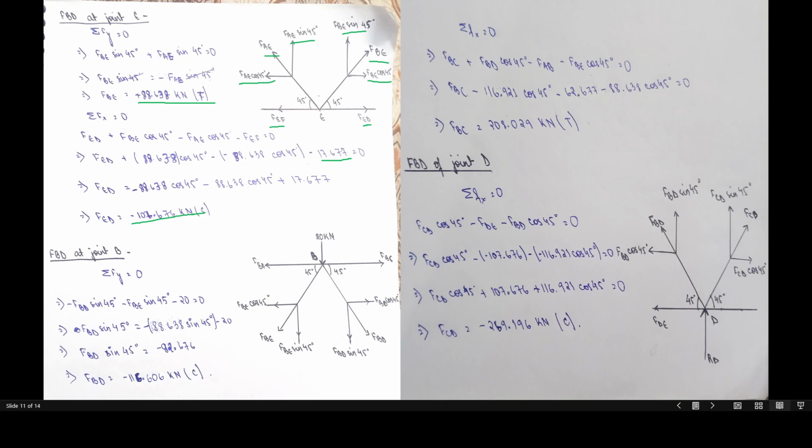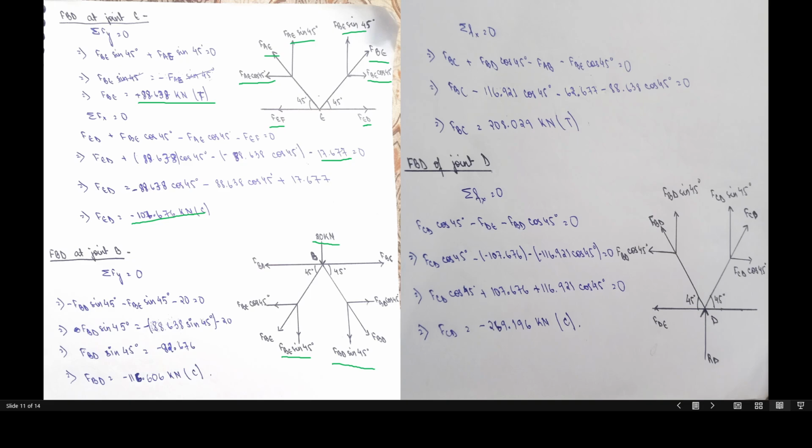Next, we will evaluate joint B. Here, FBD and FBC are the two unknown forces and the rest are known. So we can solve for vertical forces, that is FBE sine 45 degrees and FBD sine 45 degrees minus 20 will be equal to 0.